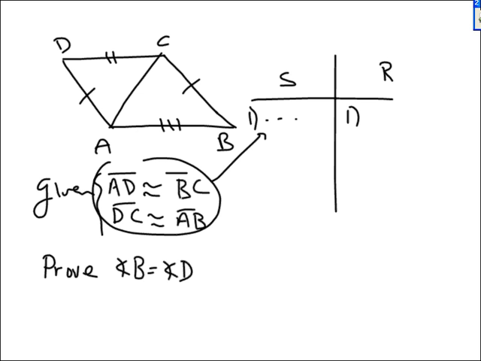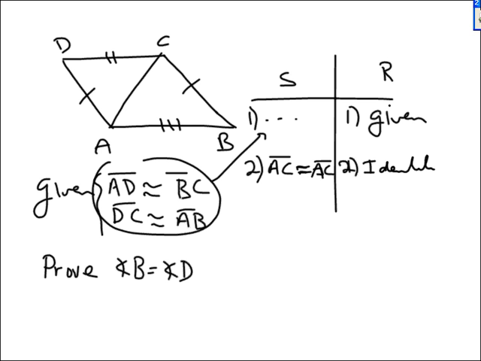And of course the reason is this is given. Now, statement 2, you say that AC is congruent to AC. Identity. Length is equal to itself. Okay, so these two are equal.